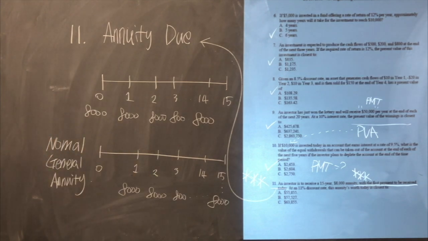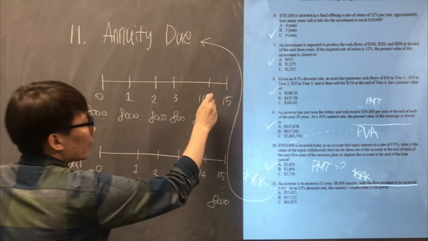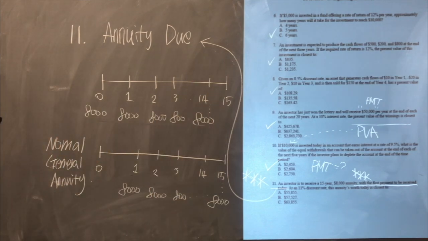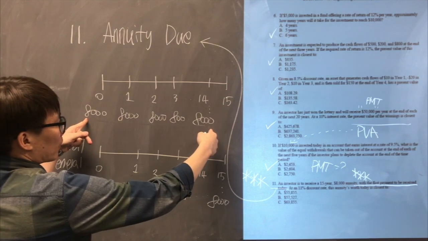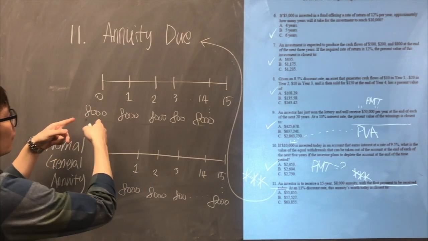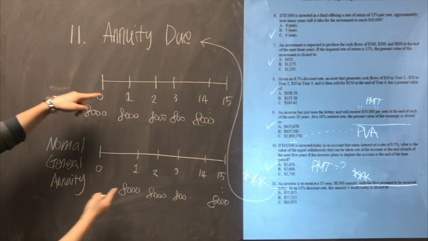So you receive cash today. You also have 15 equal payments, but your first payment is here. You see the difference?